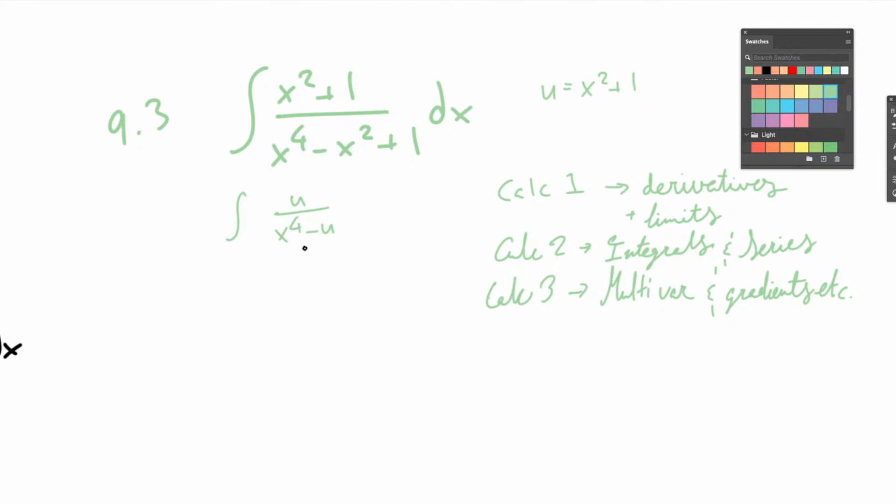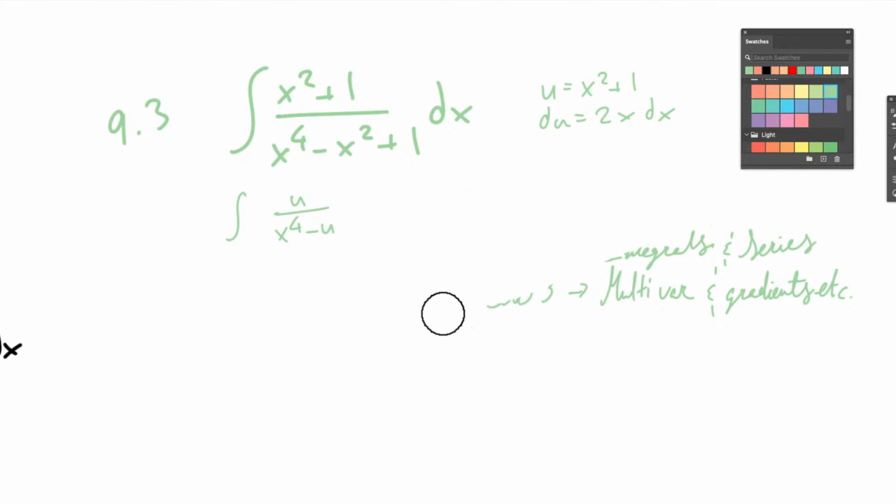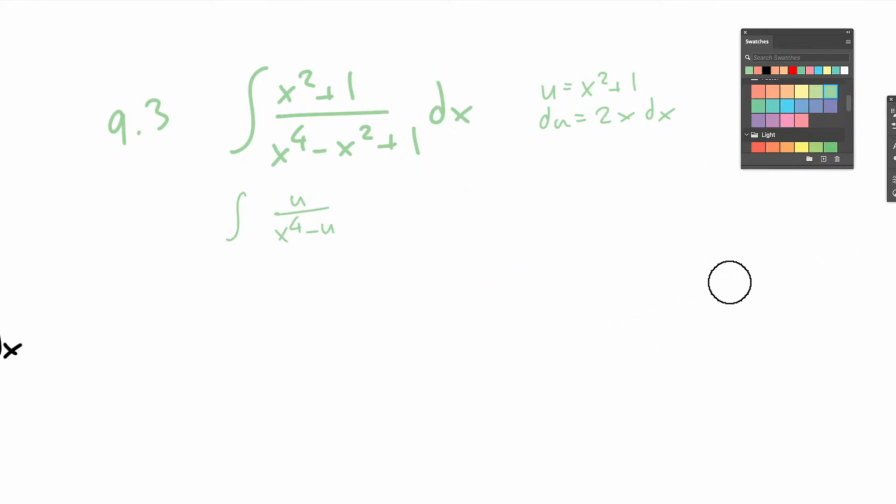Isn't this its own formula? du equals 2x, but there are no x's to take out from.